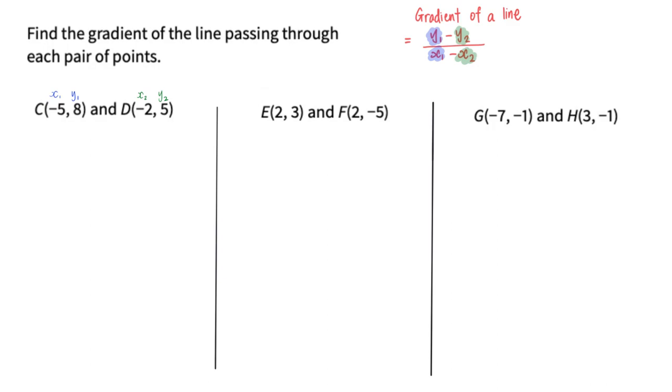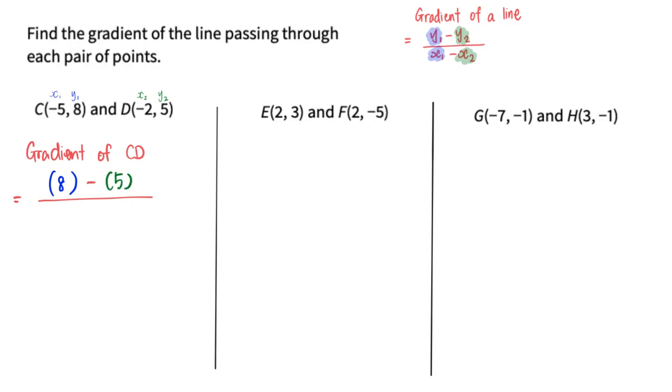Okay, so in this case here, my gradient of the line CD is therefore equal to y1, which will be 8 in this case. I usually like to put a bracket when I substitute values in. Y2 will be 5.